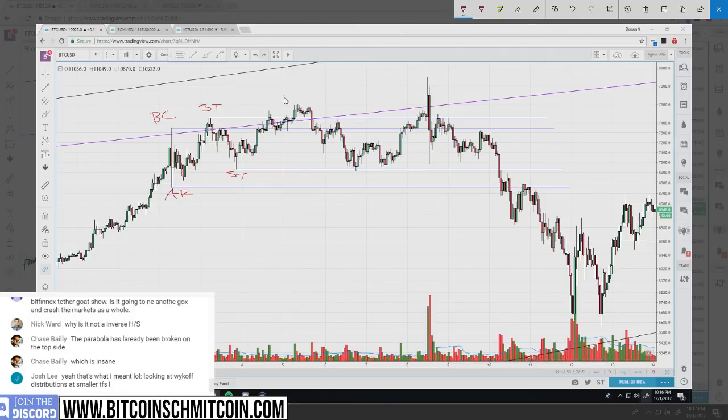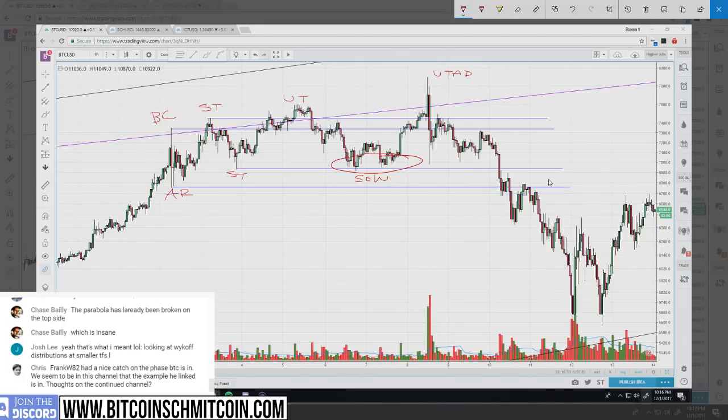This is considered an up thrust. This is considered a sign of weakness in here. So SOW. Here is the up thrust after distribution. Here is your last point of supply right in here. Your LPSY. And then ultimately your markdown phase before it goes back through the cycle.